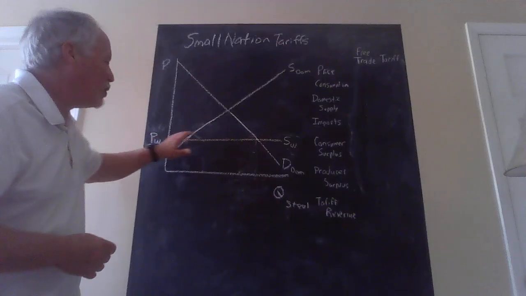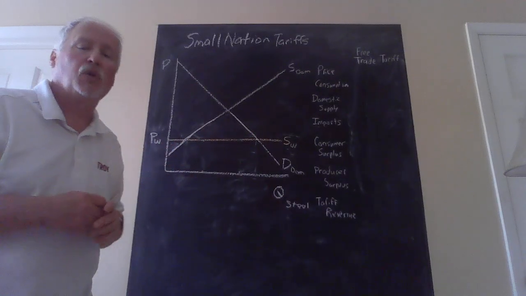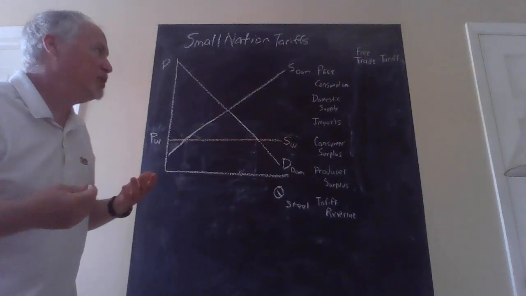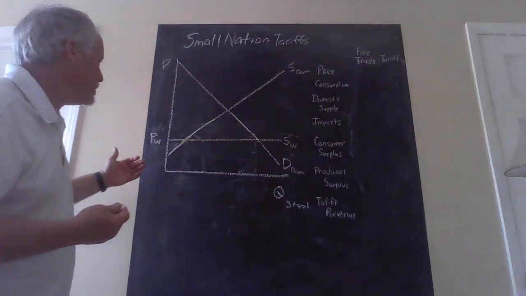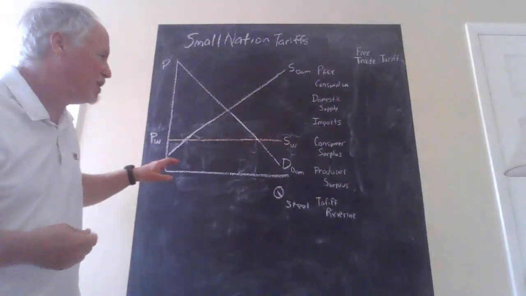So you have a horizontal world supply curve drawn here, so we can see that this is a small nation, and the equilibrium in free trade would simply be the price at which that world supply curve is drawn, and that is PW.